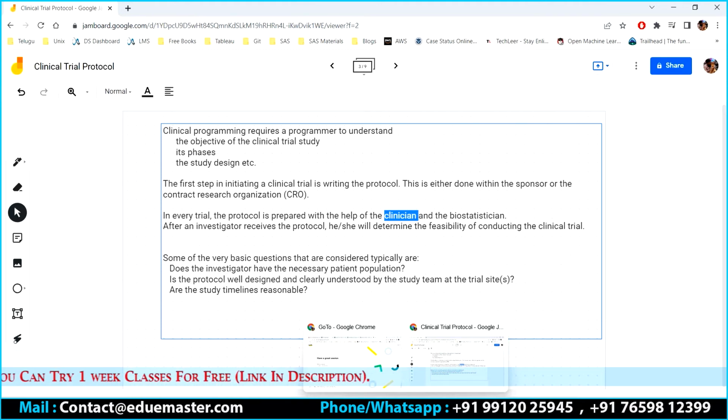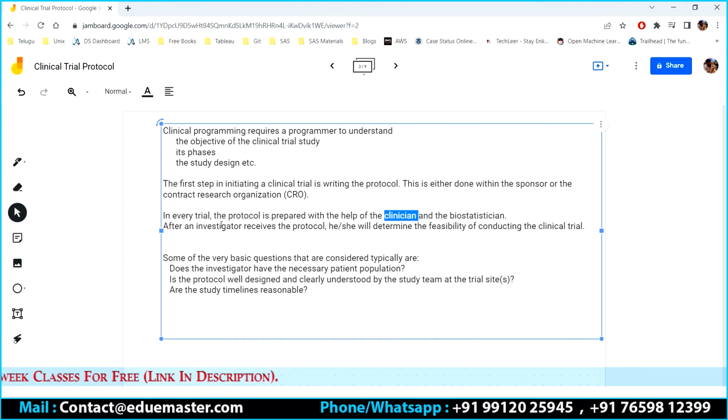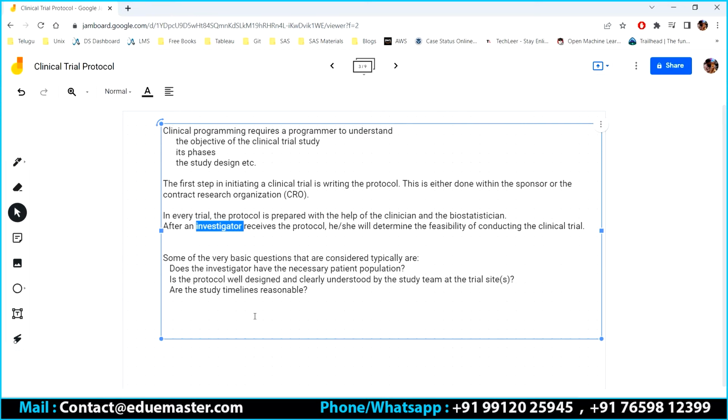An investigator is the one who will be in contact with the patients at the same time, and is the one who is going to conduct the entire clinical trial. A clinician may not be part of your entire phase 1, phase 2, phase 3, phase 4. But an investigator is the one who will be there throughout.